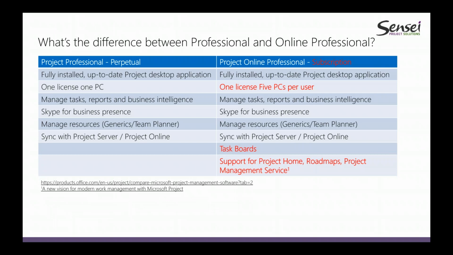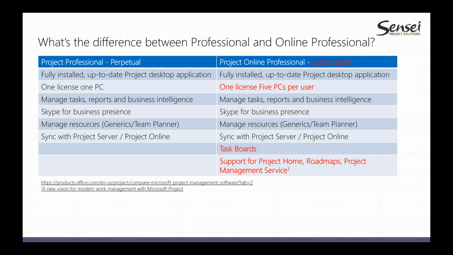Now, I'd like to illustrate some of the differences between the one-time perpetual license that you would buy, Microsoft Project Professional, the MSI version, versus the Project Online Professional, or that subscription-based product, which you sign up for and you pay again and you pay again.